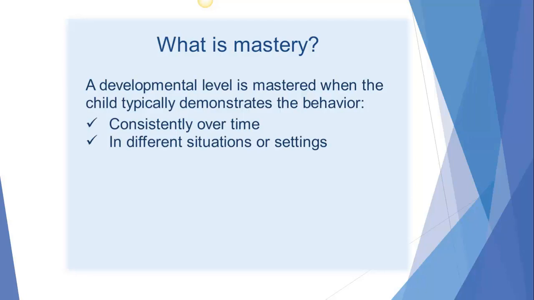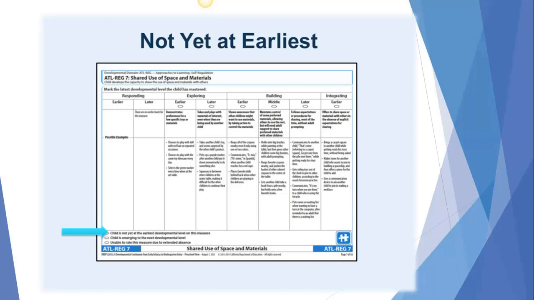Okay? You also have some additional options when you fill out the DRDP. So if you look right here at the very bottom, this is not yet at the earliest developmental level of this measure, okay? So if it's a later developing measure, so Alt-Rec 7, shared use of space and materials, and the child has not yet reached this developmental level, then a teacher is able to mark it right here.